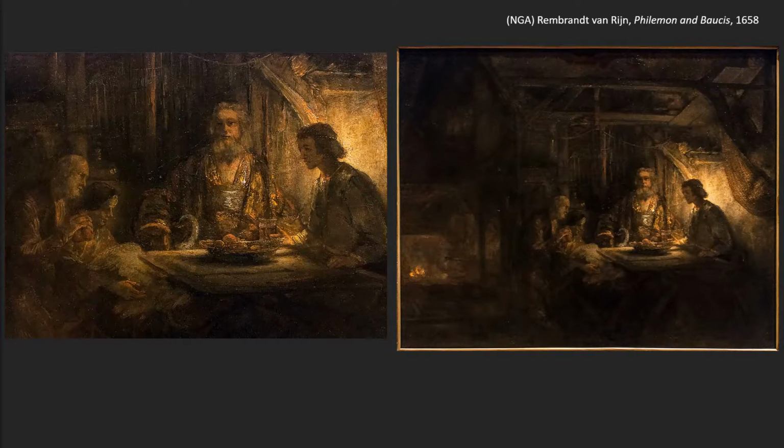They won't take them in because we don't want you, right? And they're disguised, so they don't recognize them, right? And so all the people who could afford to help them don't. And then they finally wind up at the farm of poor Philemon and Baucis, impoverished Philemon and Baucis, and they welcome them in with open arms, right? There's a message here, right? Rich suck, the poor good-hearted people, right?